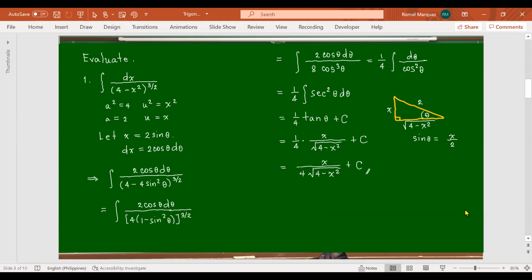So let's say I have number 2, the integral of x cubed times the square root of 9 plus x squared dx.